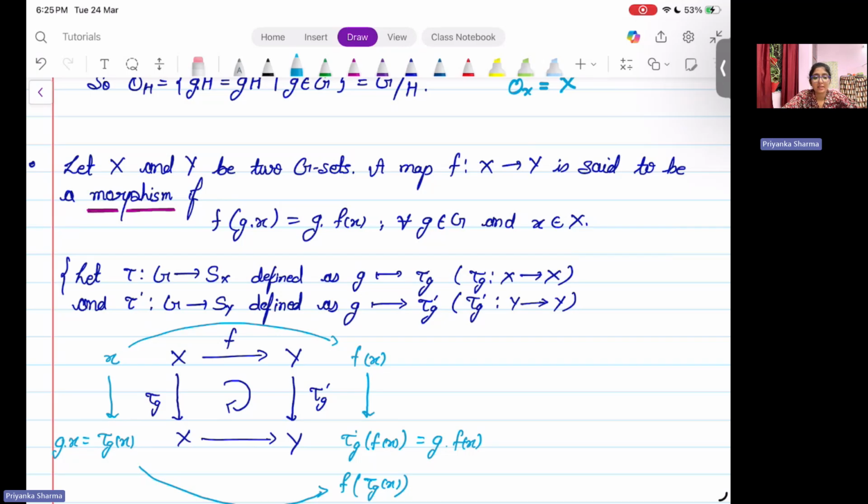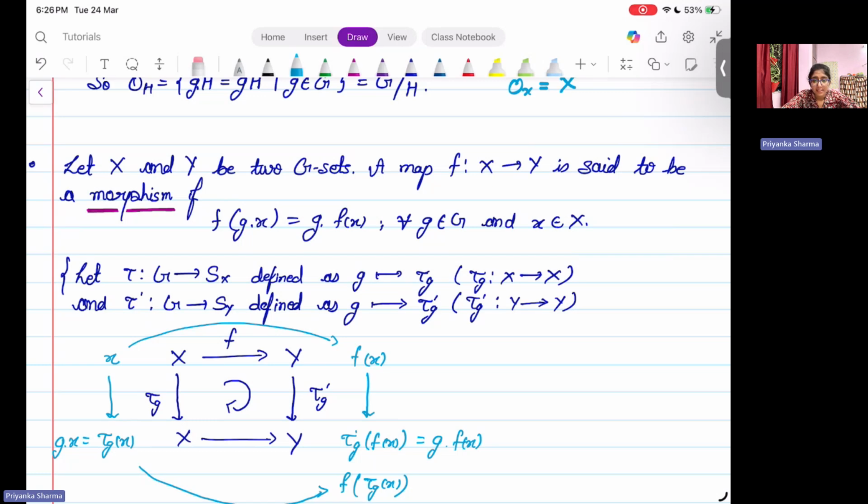Tau is a group homomorphism from G to S_X, the permutation group of X, defined as g mapped to tau of g, where tau of g is a bijection from X to X. And tau dash is defined from G to S_Y, where S_Y is the permutation group of Y, and it maps every g to tau dash of g, which is again a bijection, but on the set Y. So this is our assumption: X and Y are two different G sets.